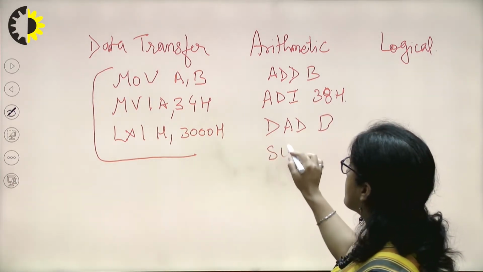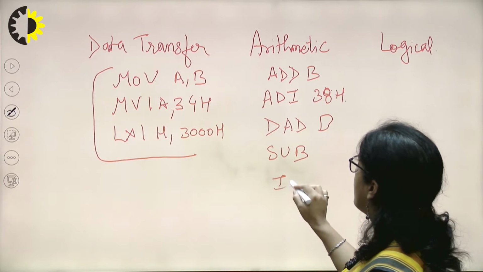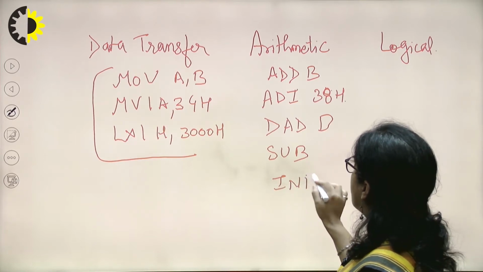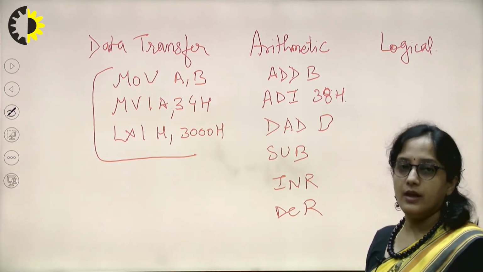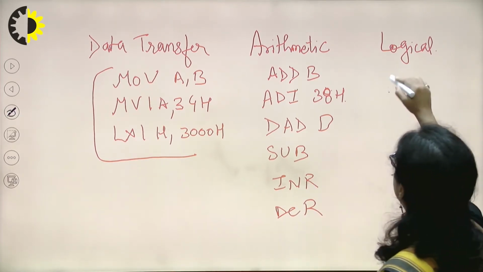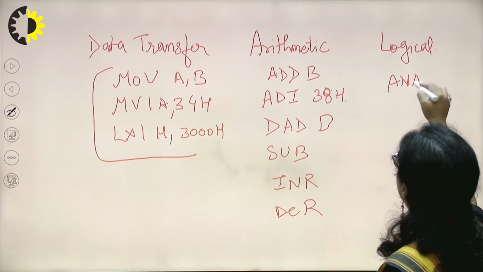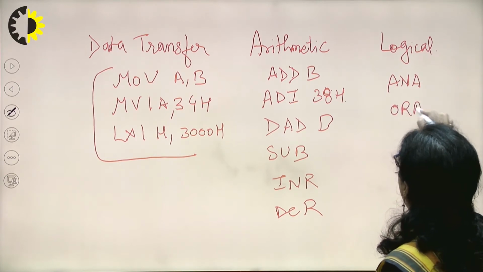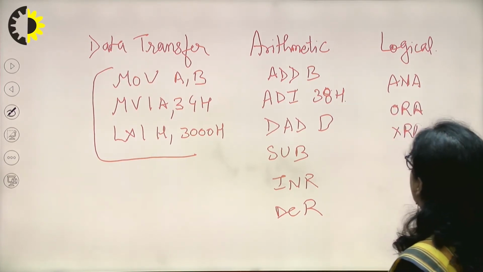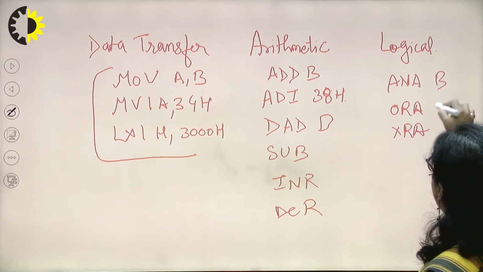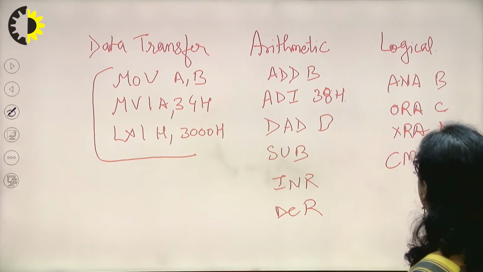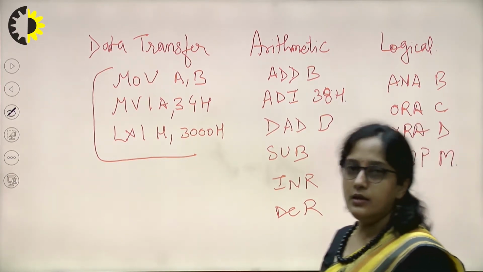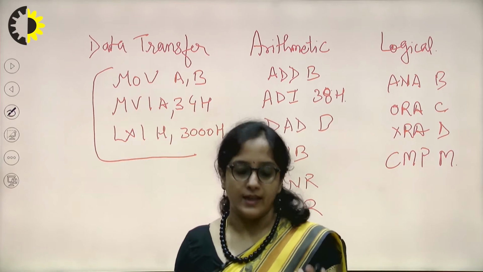We have discussed SUB, increment, INR, DCR, all these arithmetic operations. In logical operations, we have discussed AND, OR, XOR, where we can have B, C, D. We have also discussed compare.